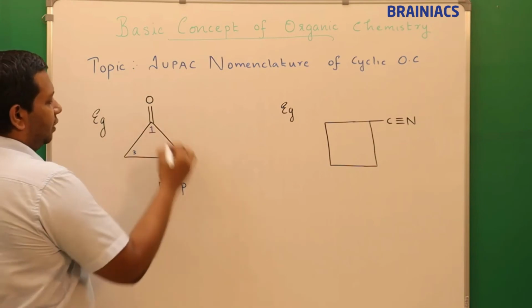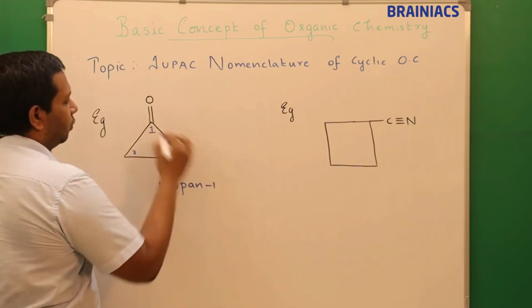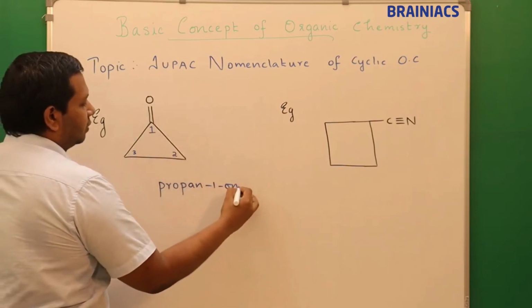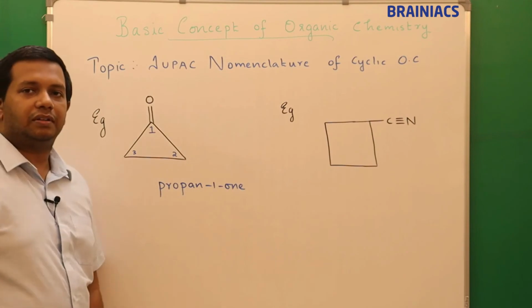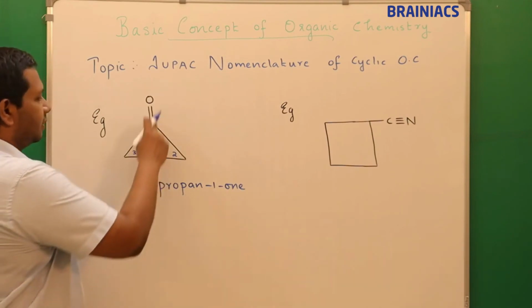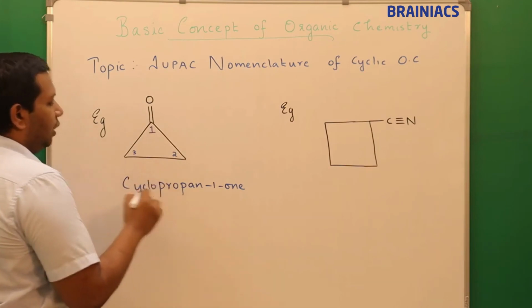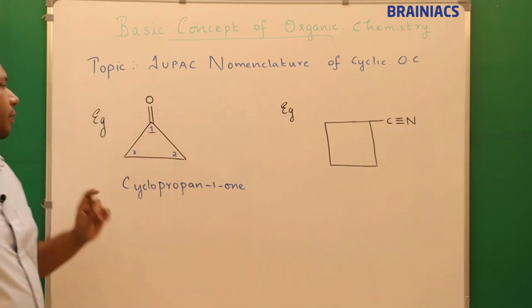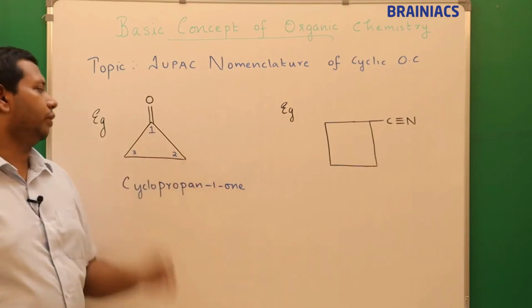All are connected with single bond, so I can write propan. In position 1 there is a keto group, so its suffix is one: propan-1-one. Now the 1 degree prefix: it is a cyclo compound, so I will put the term cyclo, and there is no 2 degree prefix since there is no substituent. So the answer should be cyclopropan-1-one.